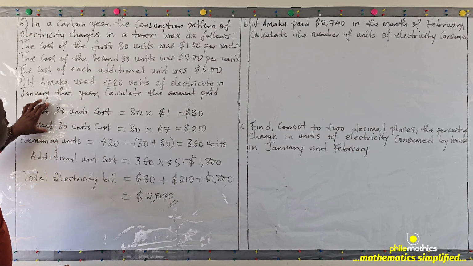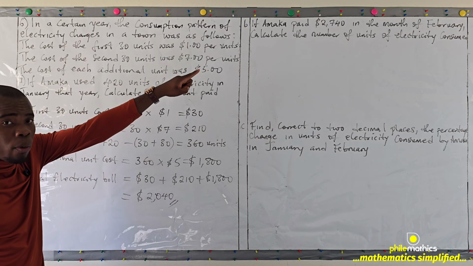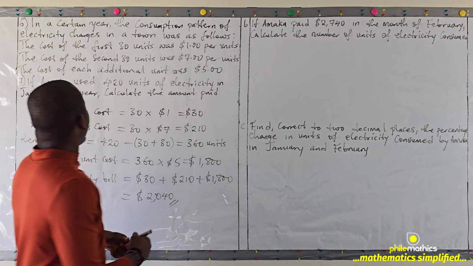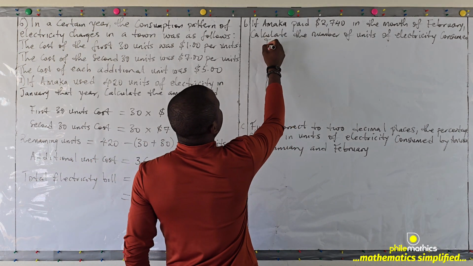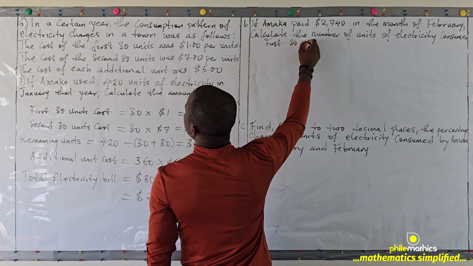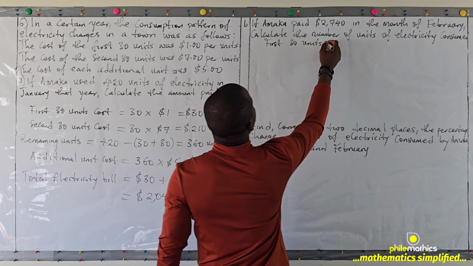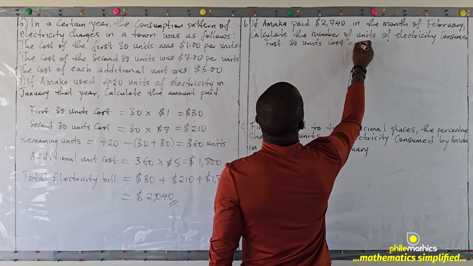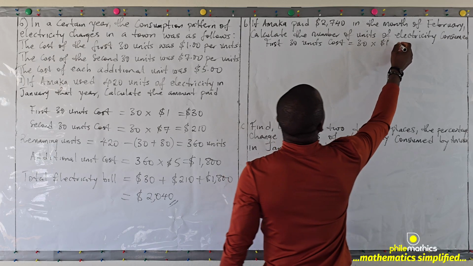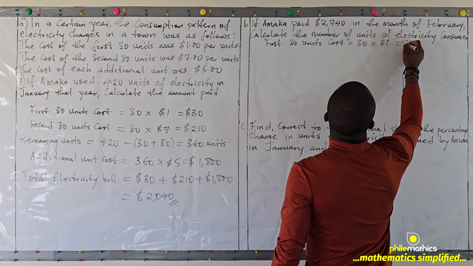We are looking for the number of units she consumed in February. So we recall again that the first 30 units will cost her 30 times $1, which is $30.